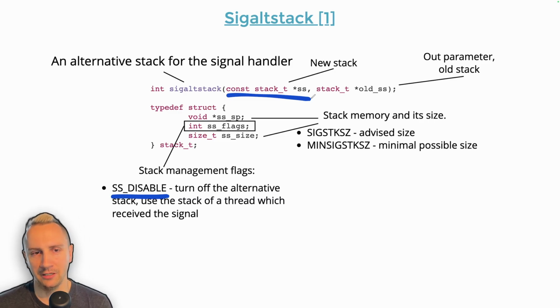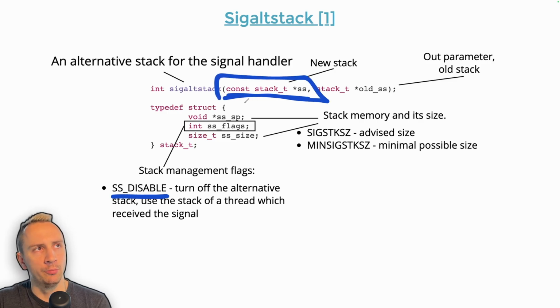You want to take it out and then free the memory when the process is being terminated gracefully. Right? How do you take it out? Do you set an empty stack or what? So instead, what is supposed to happen, a bit counterintuitive, but it is what it is. You're supposed to give as an input parameter a stack T object which has SS disable flag.